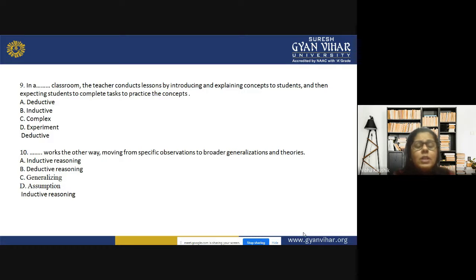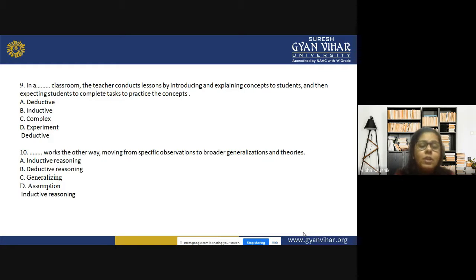Or D. Assumption, you are assuming that these will be the basis for getting the results. So, students, these are the options A, B, C, D in front of you, and now you have to select the correct answer on the basis of the given choices. And the correct answer will be option A, that is inductive reasoning.